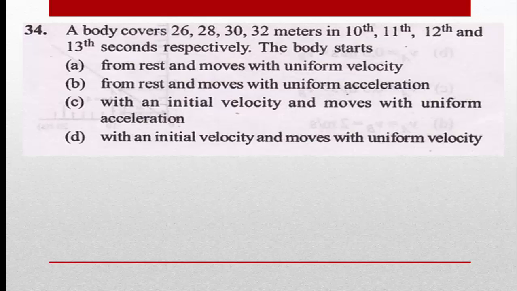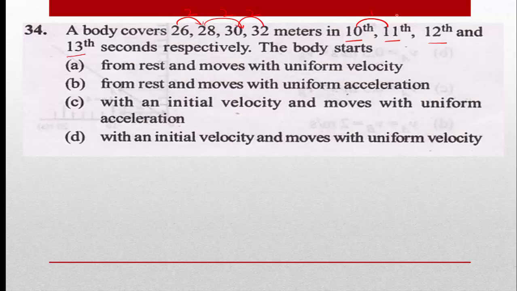A body covers 26, 28, 30, 32 meters in the 10th, 11th, 12th and 13th seconds respectively. The body starts here: 26 to 28, 2 is the difference; 28 to 30, 2 is the difference; 30 to 32, 2 is the difference.